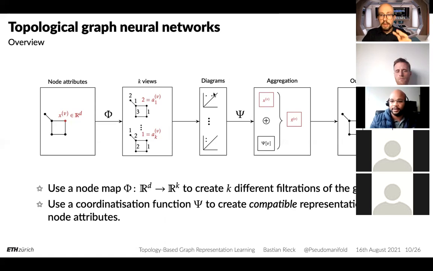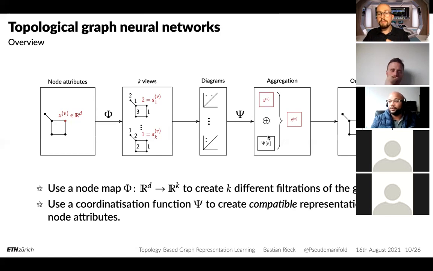So we treat every diagram as an independent entity, and we learn a different coordinatization function psi to map that diagram into a high dimensional vector, or rather, I should say that we map all the diagrams at the same time to a high dimensional vector. And then we can just do this aggregation by summing the two vectors, essentially, or by applying an additional operation.